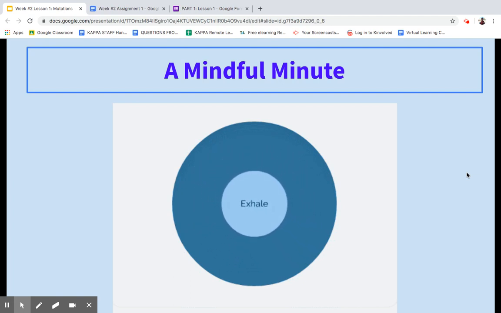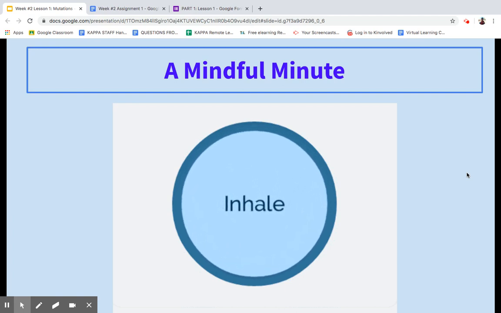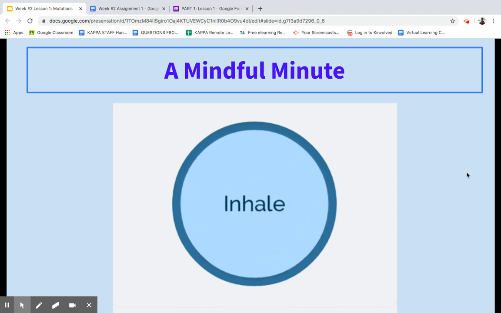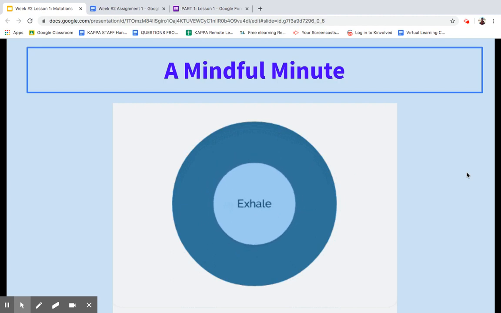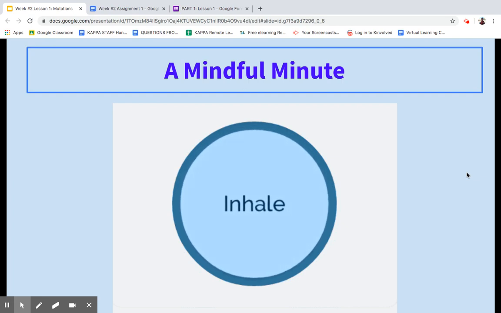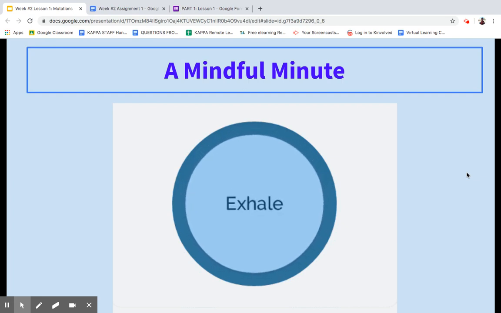Halfway there. Inhale fresh oxygen. Exhale the carbon dioxide. Inhale. Exhale, release stress and tension. Last one. Deep breath in. And exhale, pushing out any stress and tension.